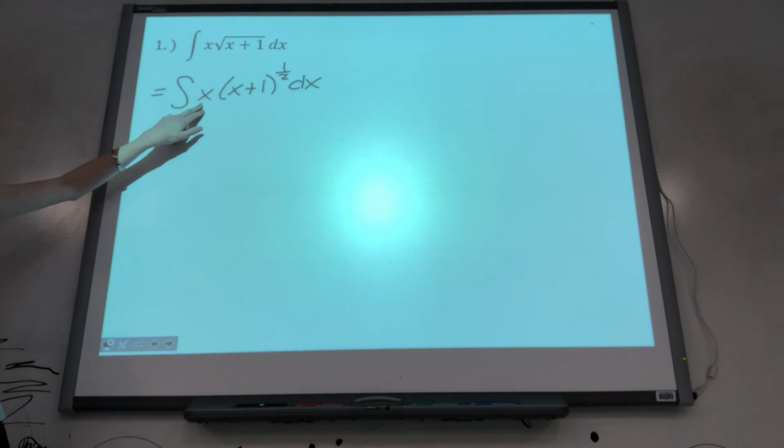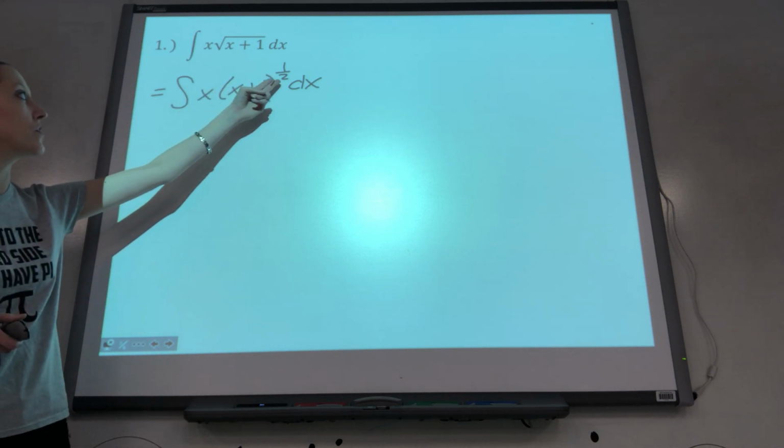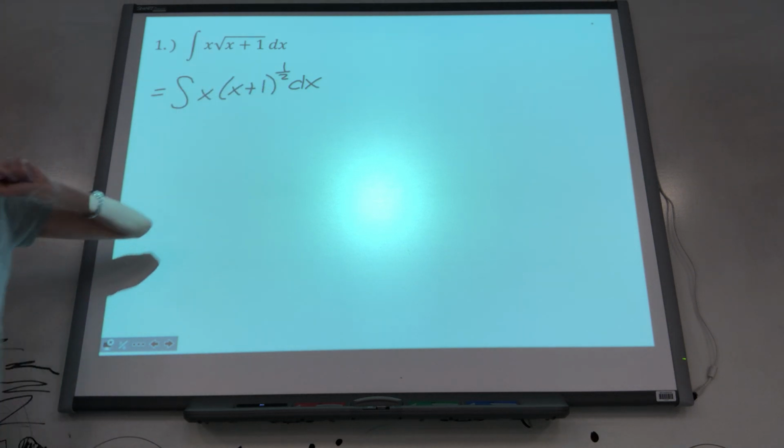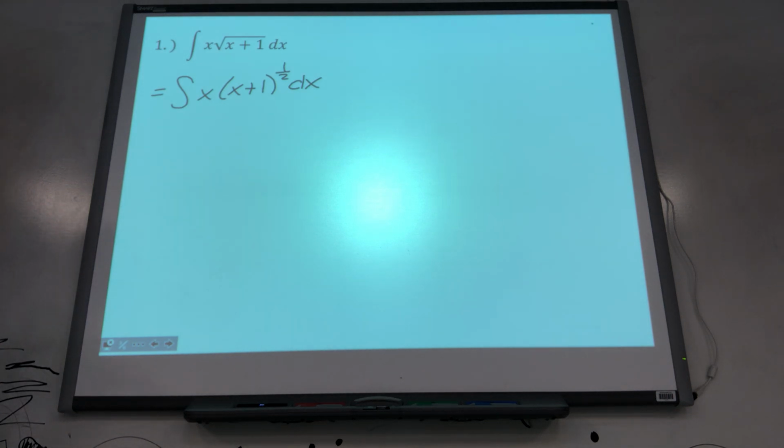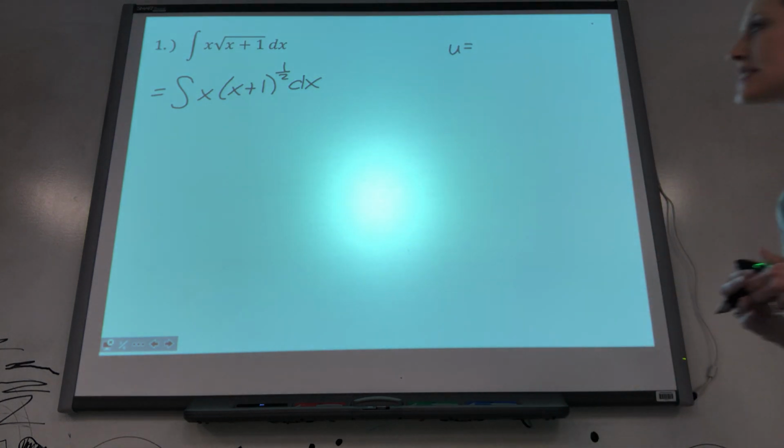You're tempted maybe to distribute that x, but you can't distribute because that quantity is to the 1/2 power. So again, it's not very rewritable, which tells me I probably need to try U substitution.